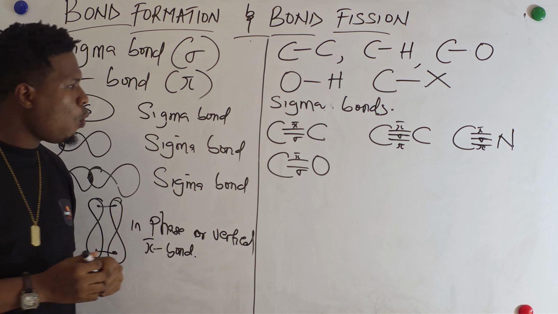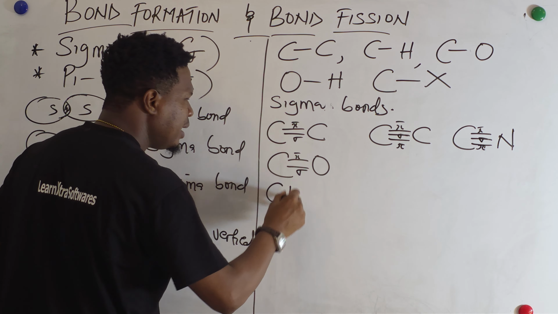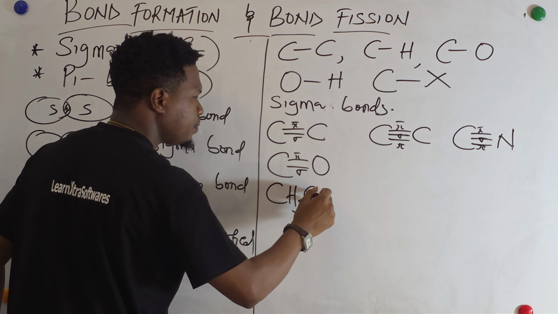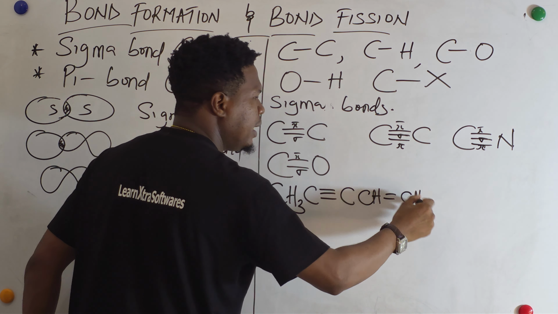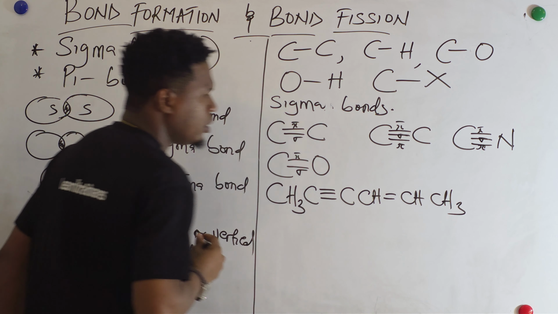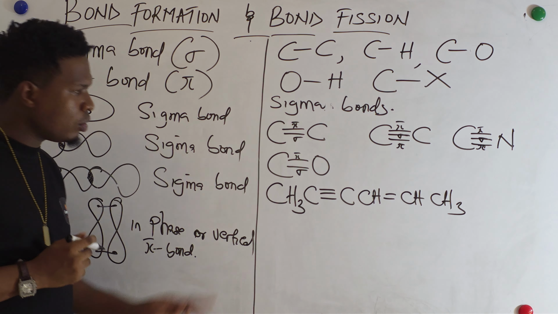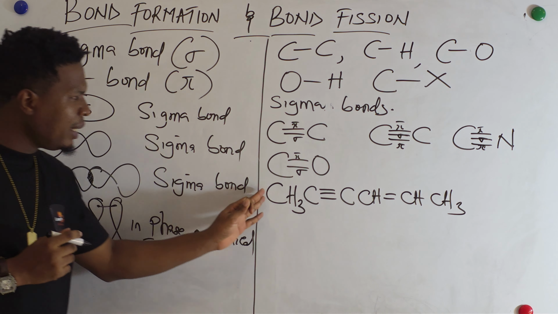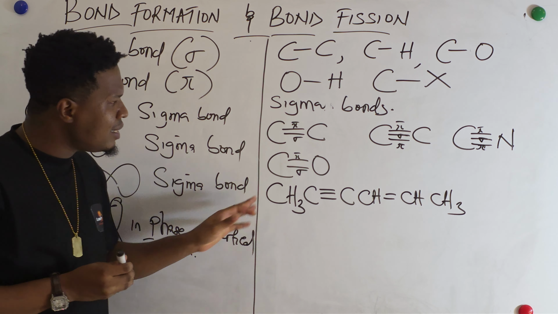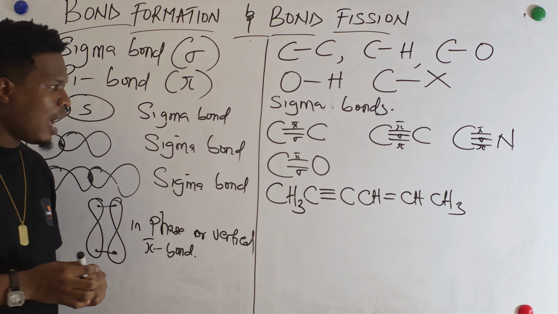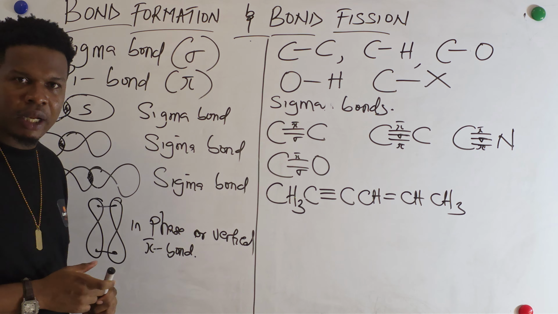For example, what if you're asked how many sigma and pi bonds are in this compound? Now, for us to find how many sigma and pi bonds are in this compound, I will have to show how this carbon is connected.